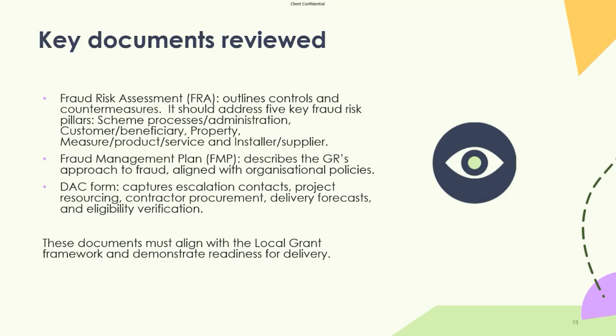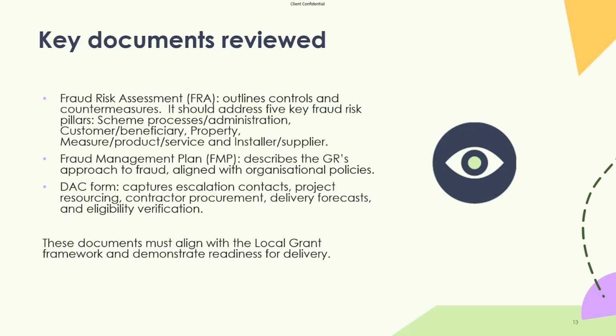So particularly for grant recipients which may have delivered schemes such as HUG in the past, they may have expectations from the department to actually review their documents, such as the fraud management plan, and make the necessary changes to indicate a level of maturity and learnings from other programs that they have then incorporated into their future planning for Warm Homes Local Grant. So the FMP and the FRA are definitely 2 documents which have seen an increase in the degree of maturity that the department expects from the GRs across the course of these several programs.